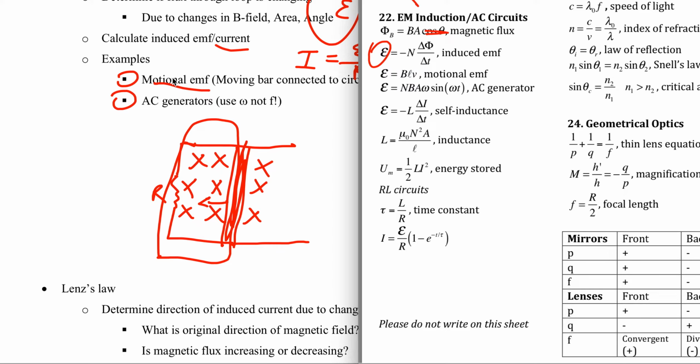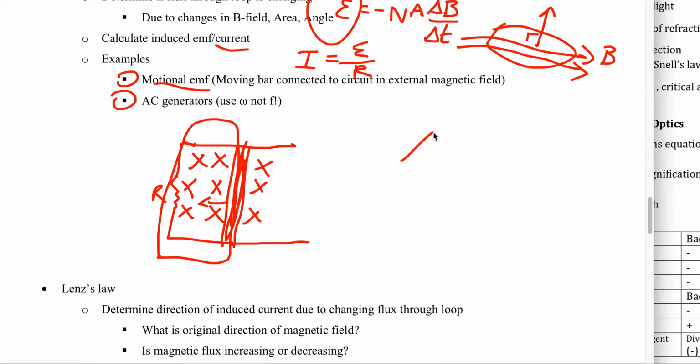And then another instance. I'm remembering now the reason I mentioned these ones is because they're special cases of Faraday's law where you don't have to use this equation, you can use one of these equations. So if it's a generator, the way to visualize that is that you have some kind of loop that is rotating, and there's some external field, let's say it's out of the page.